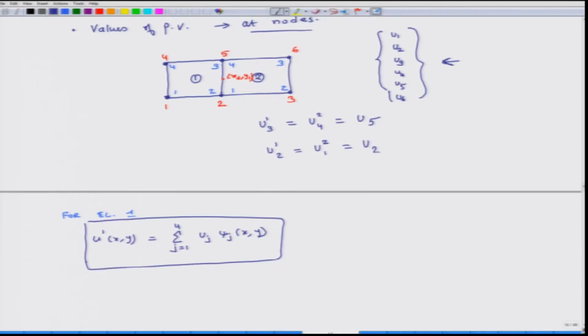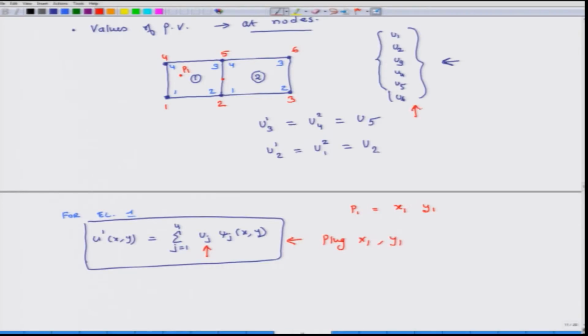So, suppose I have to find the value here at point P1, and let us say the coordinates of point P1 are x1, y1. Suppose I am interested in finding the displacement or value u at P. All I have to do is plug x1, y1 into this relation, and we already know the uj's. How do we know the uj's?